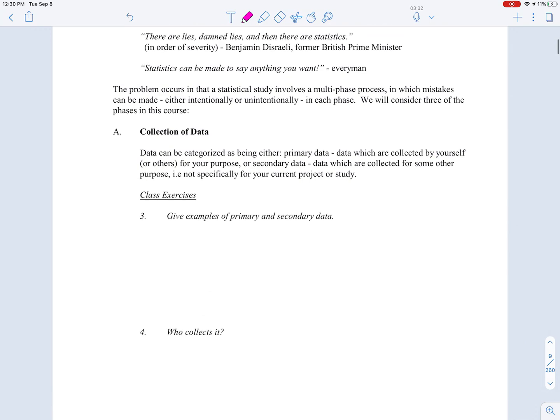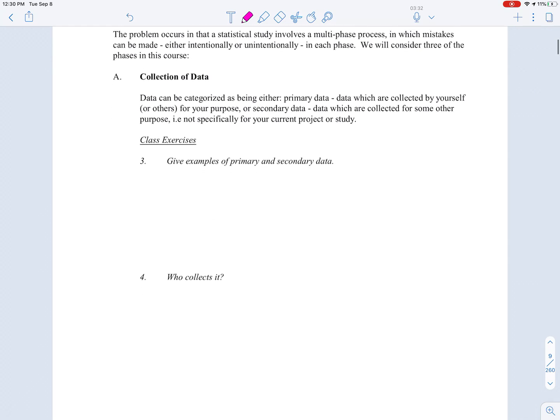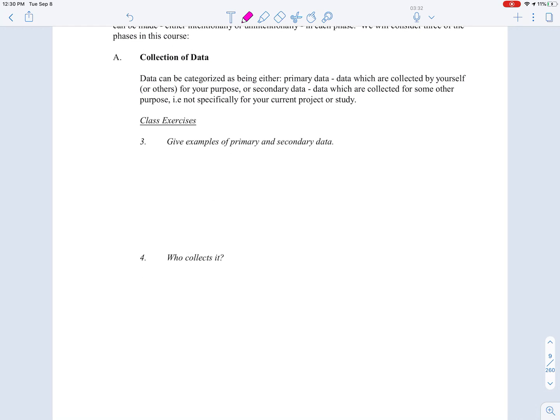But let's go back here, and we want to make a distinction between primary data and secondary data. Primary data are data which are collected by yourself or others for your purpose. So it's data for you. Whereas secondary data are data that are collected for some other purpose.